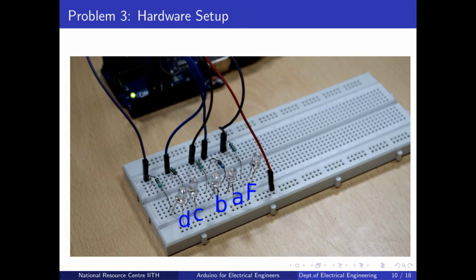Here is our hardware setup. We have 5 LEDs connected to the 5 digital pins of Arduino. First LED is F, which is the output of the question, and the remaining 4 LEDs are A, B, C, D respectively, and these are for the options.